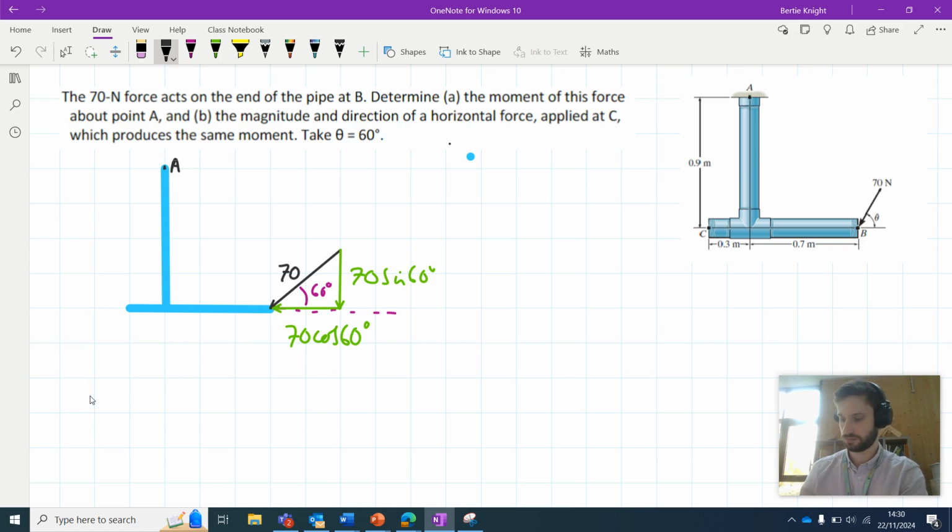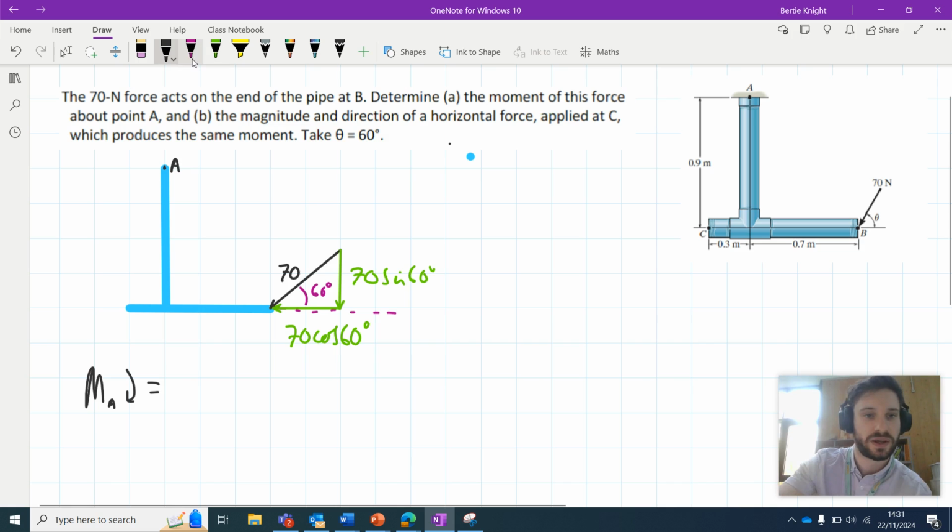We can show this notationally by saying capital M subscript A, and then this arrow to show clockwise, is equal to the sum of the moment applied from the vertical component and the moment applied from the horizontal component.